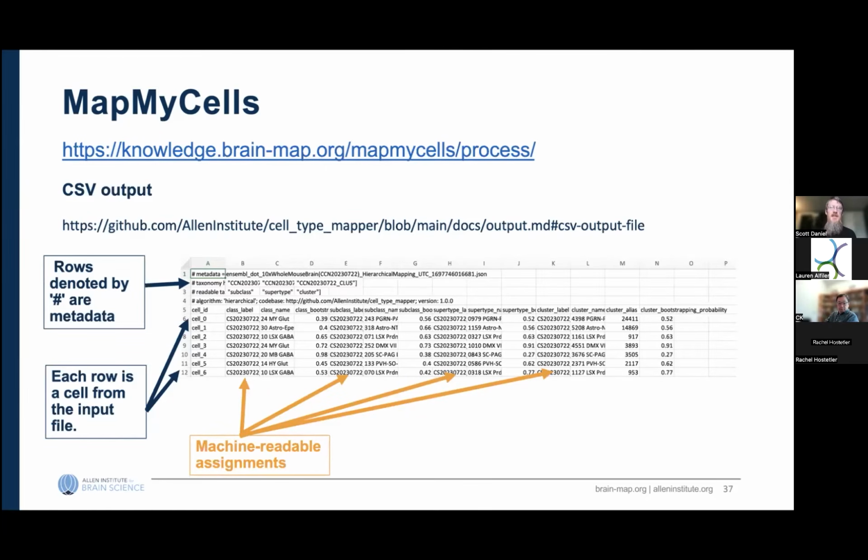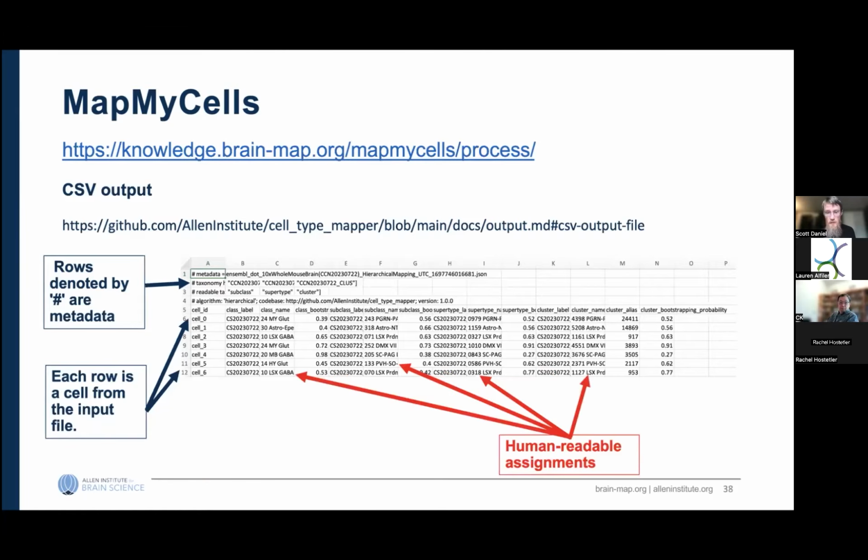And in the future, these will be a good way to interface MapMyCells results with something else in the brainmap.org brain knowledge platform ecosystem. But that's kind of a future use case, and maybe you don't want to deal with the machine readable cell types, which is why we also give you the human readable labels for the cell types.